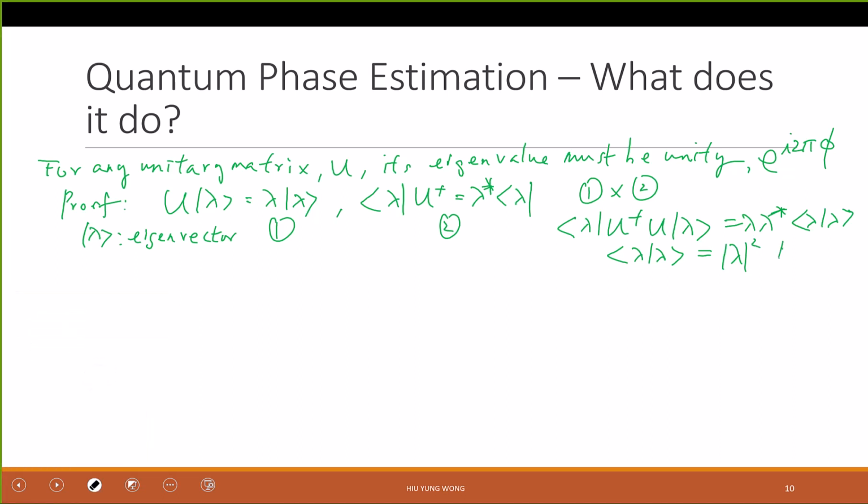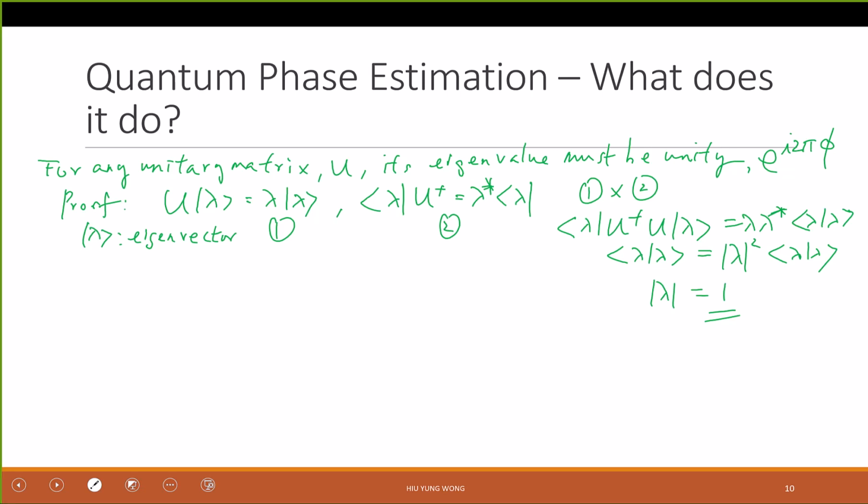So what does it tell us? Its magnitude must be equal to 1. So it's on the unit circle of the complex plane. So it must be in this form, e to the power i 2 pi phi, right? Is that okay?